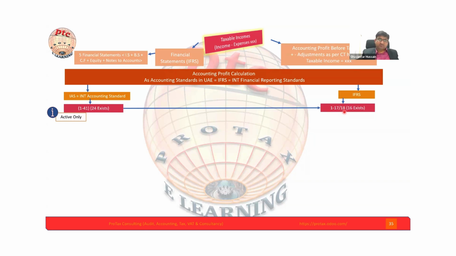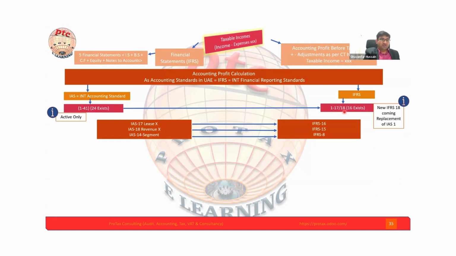Mostly the publication is already there for the same, and we mentioned the new IFRS replacing IAS 1.